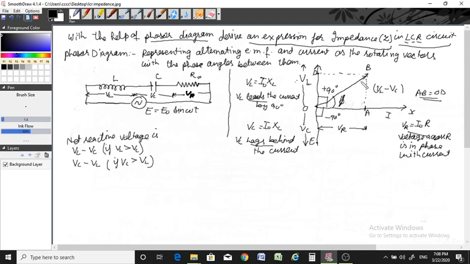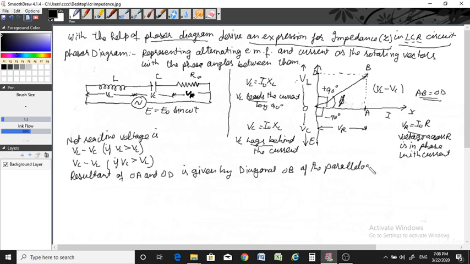Now, in a right angle triangle OAB, or in a parallelogram OABD, the resultant of OA and OD is given by the diagonal OB of the parallelogram OABD.